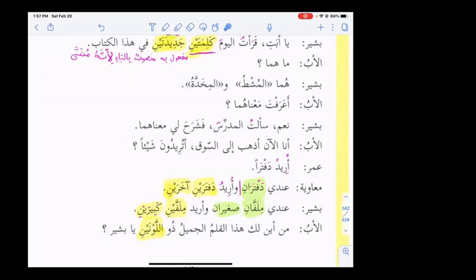Muqaddam, it came before. Daftarani is muakhar. Khabar is always marfu. Is it marfu? Yes. What is the sign of its marfu? Alif.